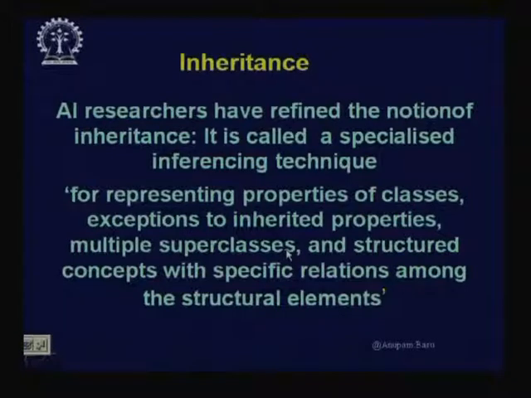So, there can be multiple superclasses, and later on we will see we can have structured concepts. Each concept can have a structure within itself, and the elements of that structure can have specific relationships among them. So, that is what is known as inheritance. We will see examples to elucidate this much more.